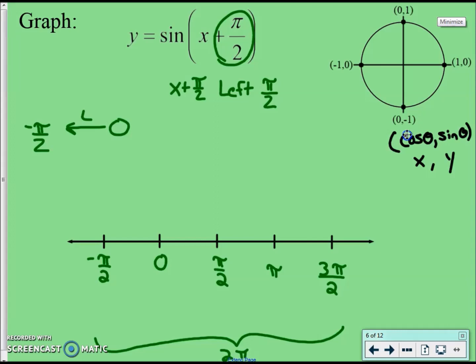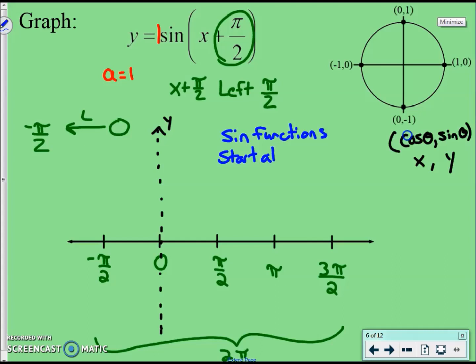And this is going to be our y-axis. In this function, our amplitude is 1. It is a sine function, and sine functions start at the midline.